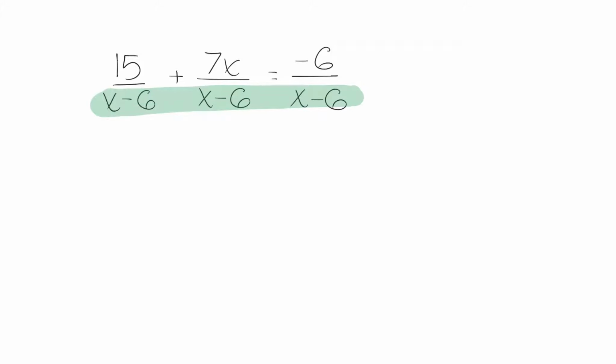Remember, we're going to replace x with numbers eventually. If we replace x with 10, then this just becomes 10 minus 6, 4. So these are just values. So we have common denominators. That means we are going to take our numerators and solve for this x. I need to know, what number does x need to be to make this statement true?